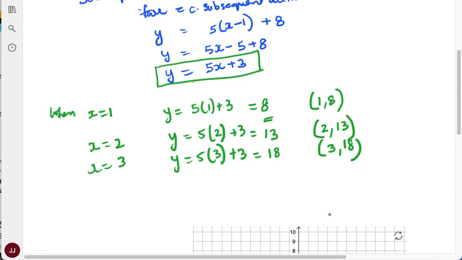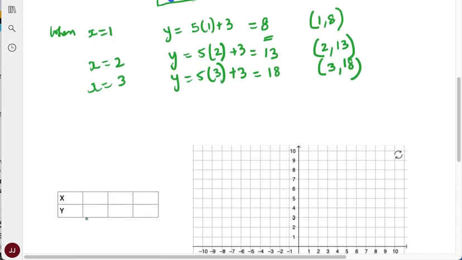So we have to plot these points. Okay, so let's put it in our table. So it's for the first it is 8, and for the second kilometer it is 13, and for the third kilometer it is 18. Okay, so and again we have to expand this one. So on the x-axis, it is we have to go till 18, right?